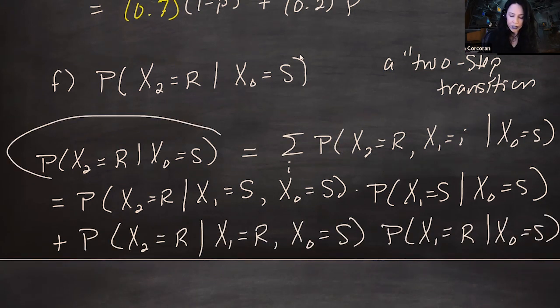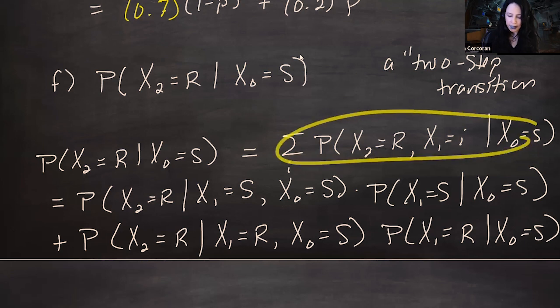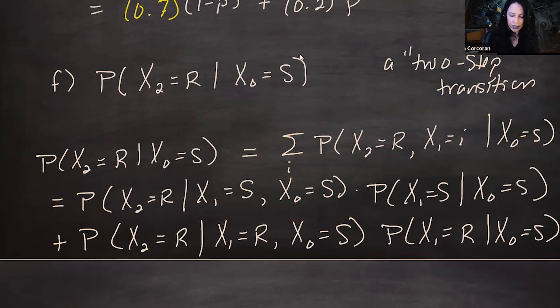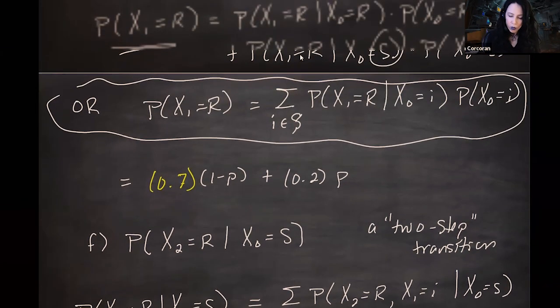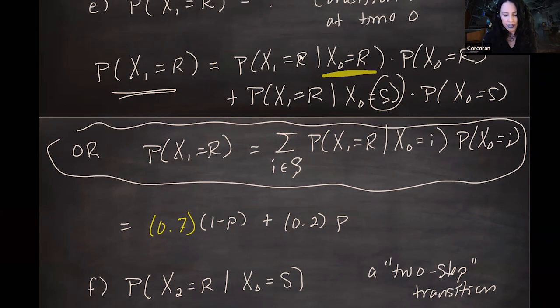If you are conditioning on X1, then you usually don't write this out. It's just like the previous problem where for the probability of X1 being rainy, we conditioned on X0, multiplied by the probability of X0, and summed over all the possibilities for X0.